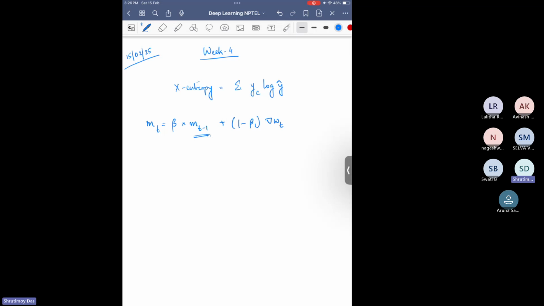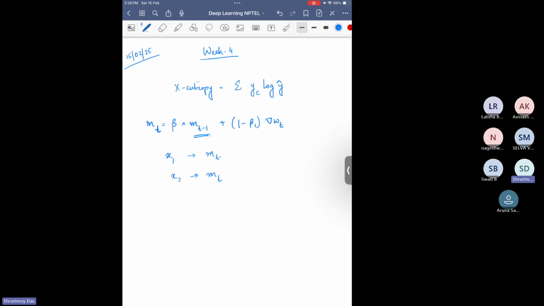Because this MT depends on which point you are taking, suppose you take a point x1 and compute some MT for this, and you take some point x2 and compute some MT on this.